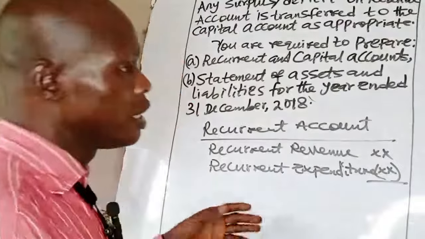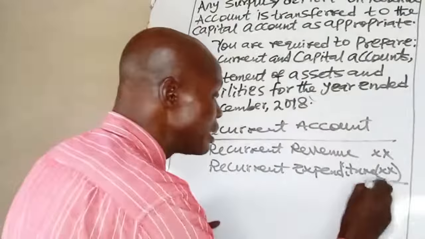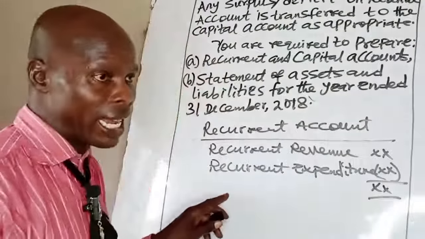You have them all as recurrent expenditure. The balance in recurrent account will now be transferred to capital account. The balance in recurrent account, that is the excess of recurrent revenue over recurrent expenditure, or the amount by which expenditure exceeds revenue, you are going to transfer it to capital account, that is balance brought forward, which is the amount you have here.